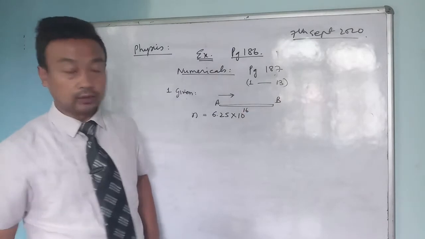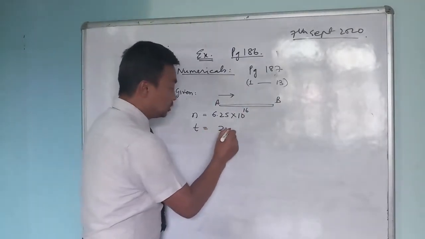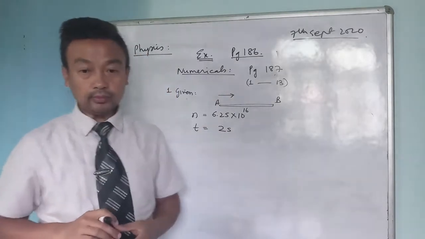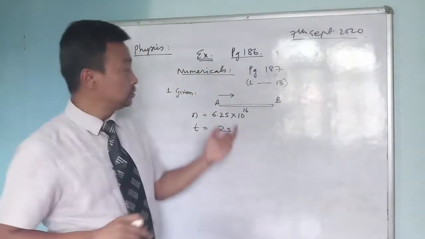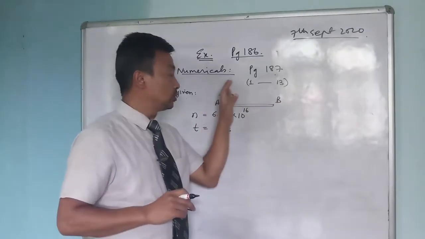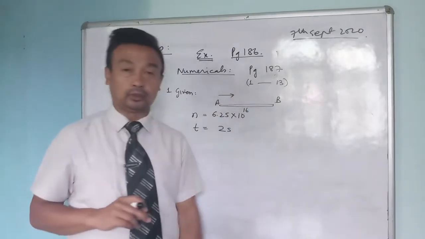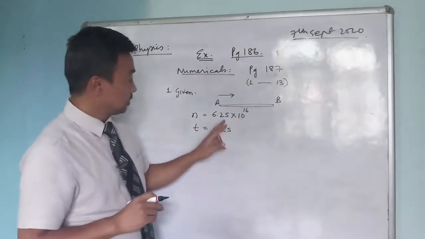So many electrons are flowing from A to B in 2 seconds. Find the current flowing through the conductor. Now, since the electrons are flowing from A to B, the current will flow from B to A, just the opposite of the flow of the electrons.